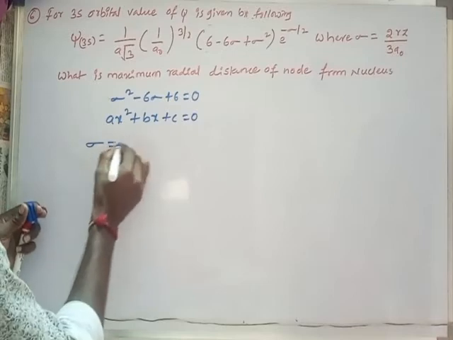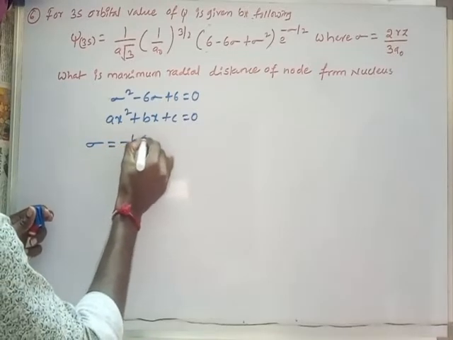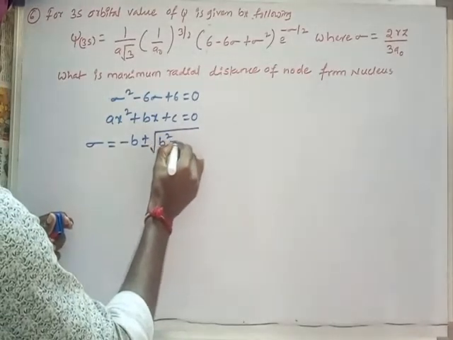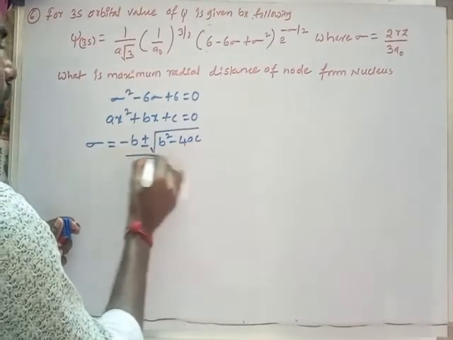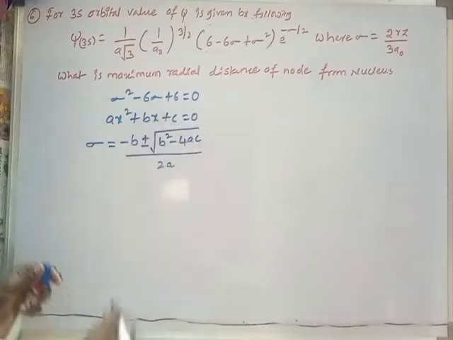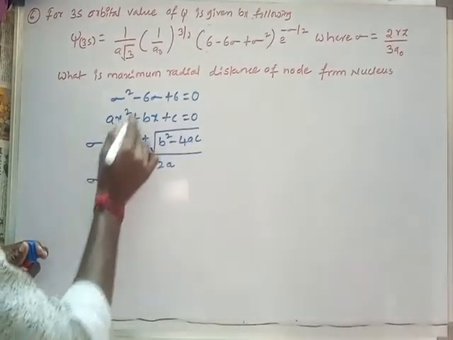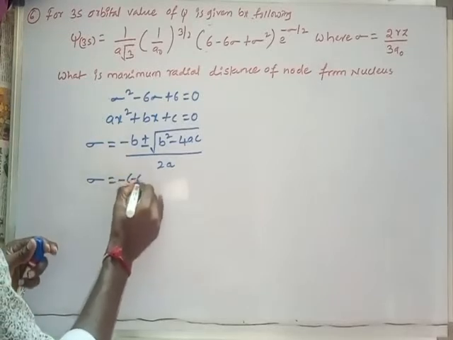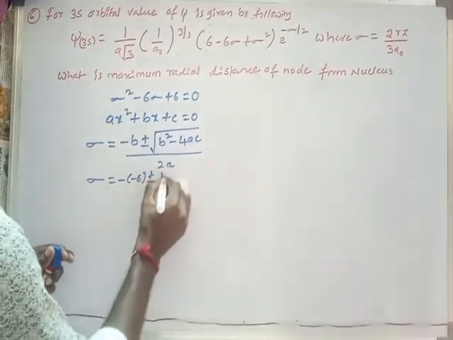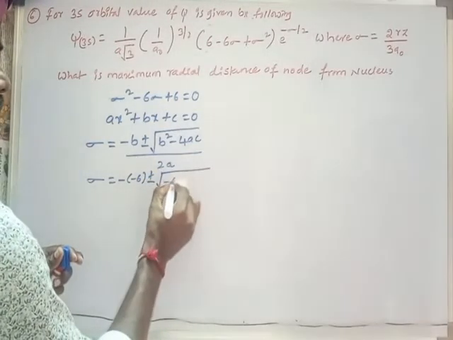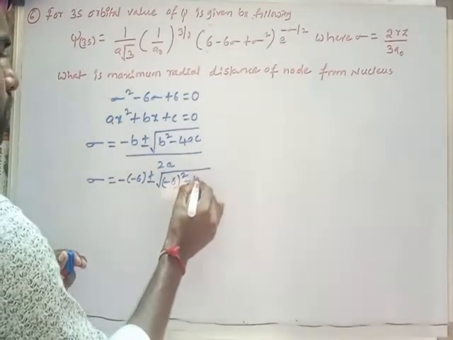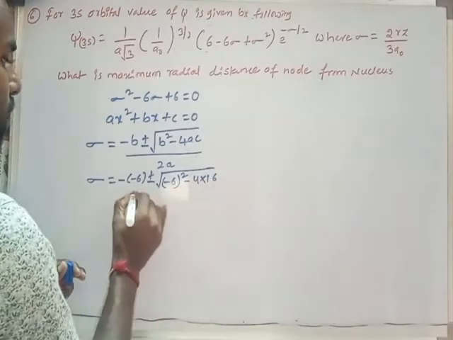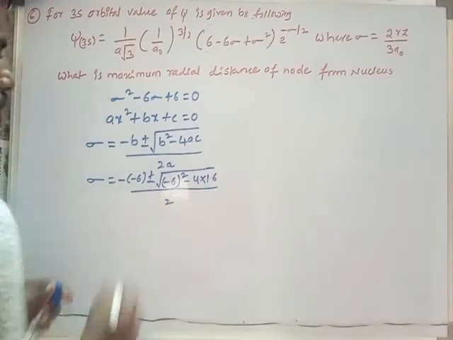Quadratic equation, sigma equal to minus b plus or minus under root b square minus 4ac by 2a. Now b equal to what we can write, minus 6, plus or minus under root 6 to the power of 2 minus 4 into a equal to 1, c equal to 6, by 2 into 1 we can write 2.